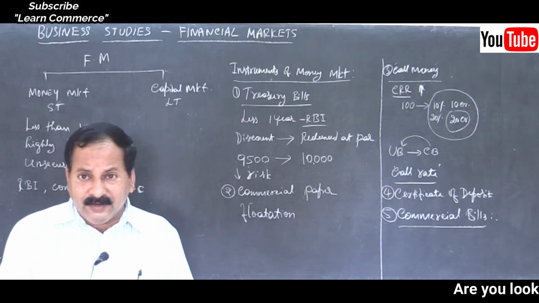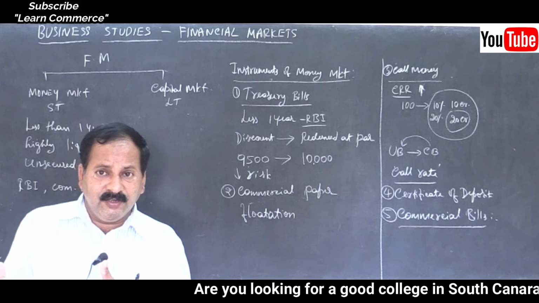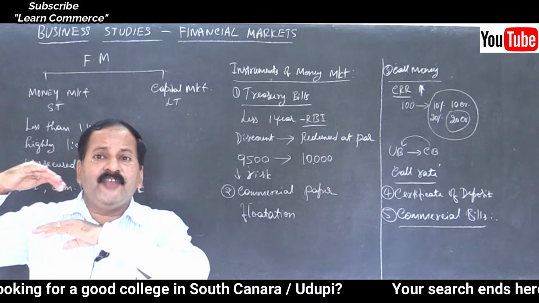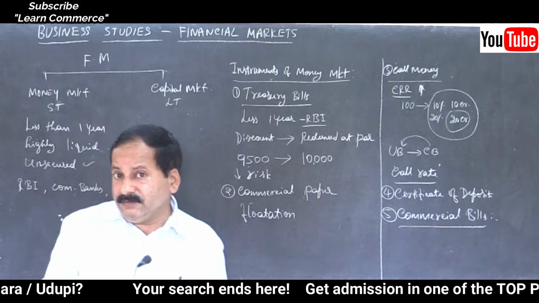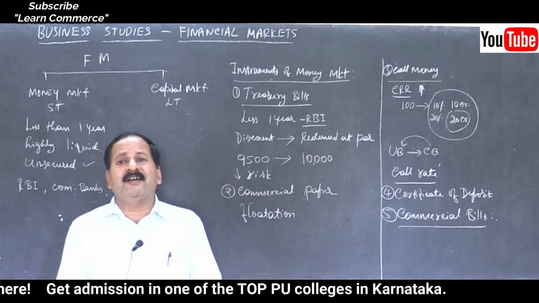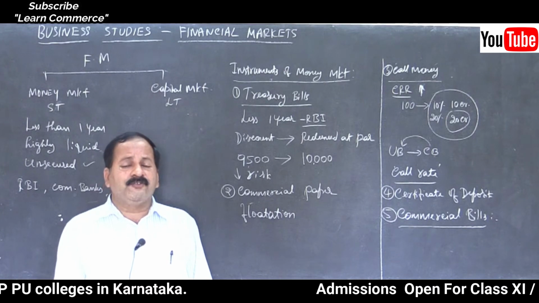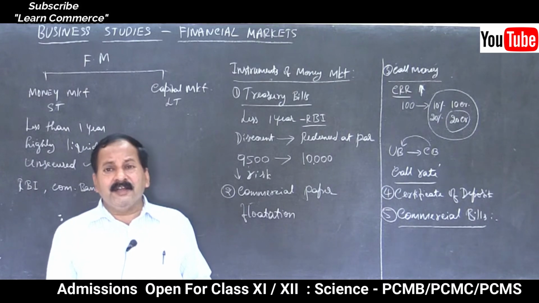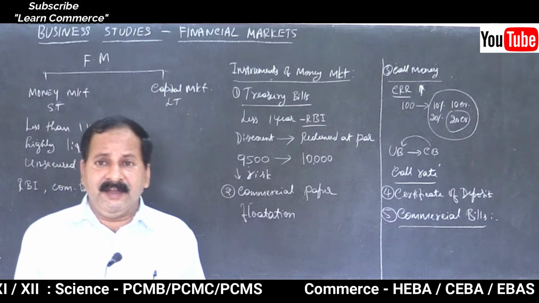When money is recovered from the debtors, the debtor vanishes from the balance sheet and the cash balance will increase. There will be a change in the form of asset from debtors to cash. Don't you think so? Yes. So in normal business transactions, whenever there is a credit purchase or credit sale, we draw a bill and we accept the bill so that the credit transaction gets effected without any interruption.